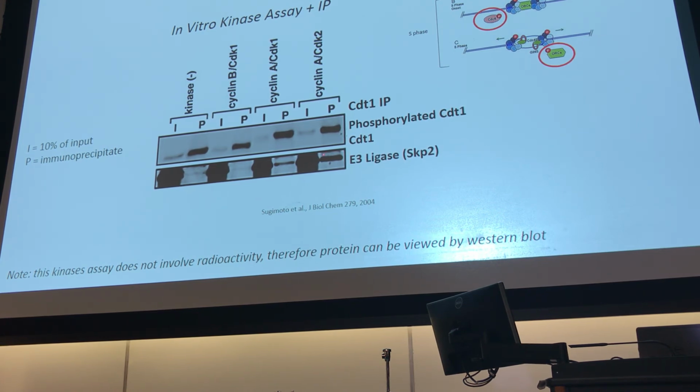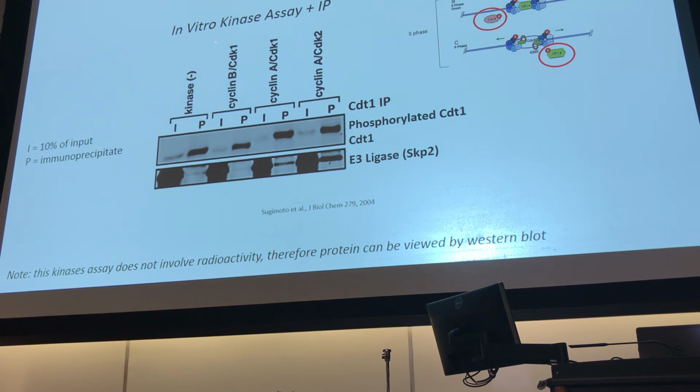And we know it's marked for degradation because it binds to its E3 ubiquitin ligase. Cyclin A CDK1 has some level of activity, right? So you can see if cyclin A is bound to CDK1, that can phosphorylate CDT1. We see that in the shift. And there's some binding to the E3 ubiquitin ligase.